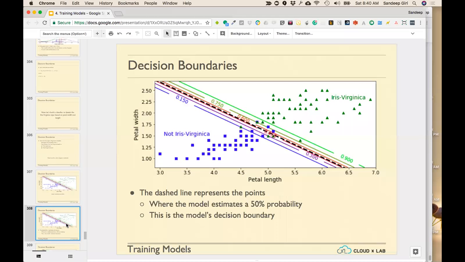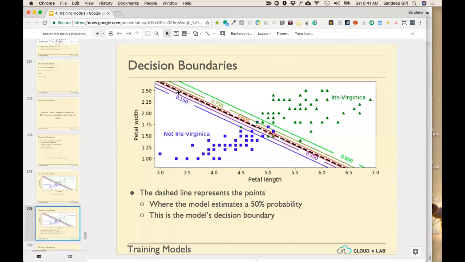The dashed line here is the line representing the points where the model is estimating a probability of 50%. Meaning at this point, it could be either class, just on the decision boundary.